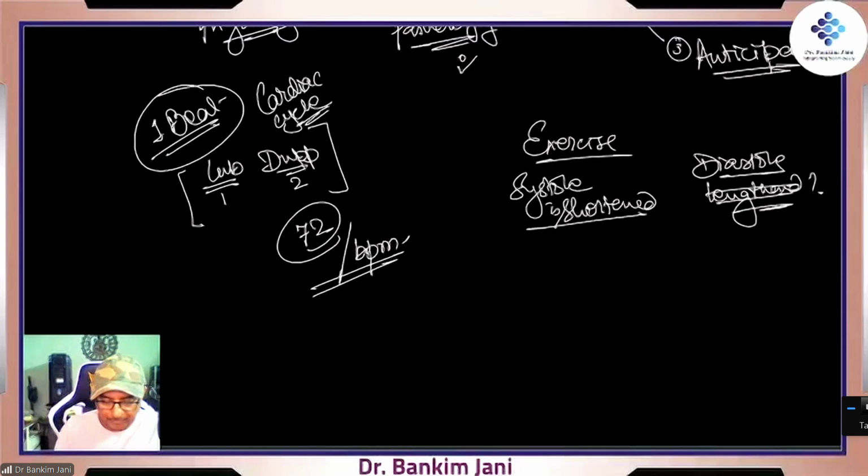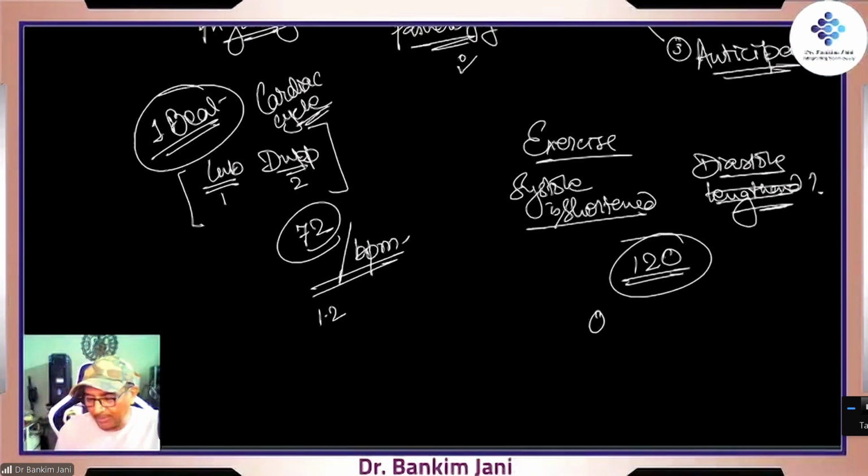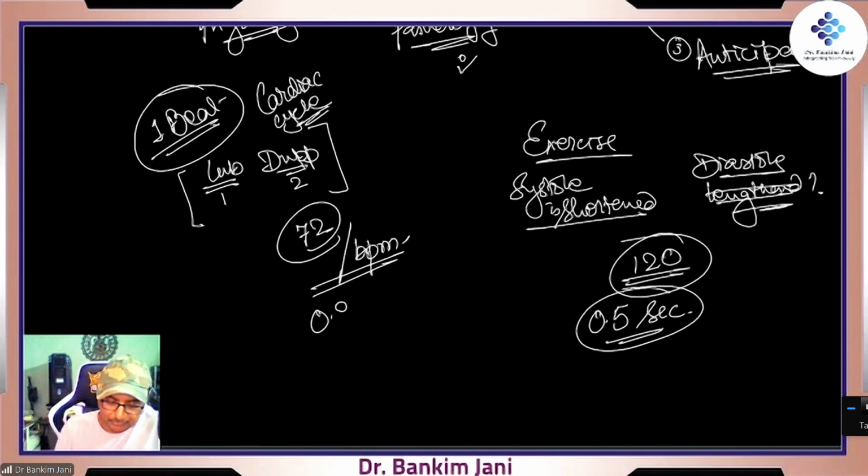That would be, say, 72 beats per minute, so it will be, say, 1.2 seconds, right? But when it is beating at 120, then only 0.5 seconds is available. Only 0.5 seconds, right? Because this would be 0.8 seconds, right?